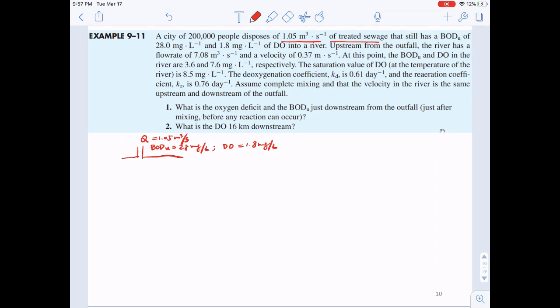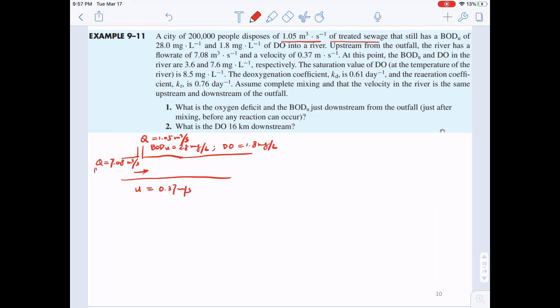Then we also have the condition for the river water. The river water has a flow rate of 7.08 meter cube per second, and the velocity, so you should notice that this velocity u here should be a constant no matter whether it mixes with the wastewater or not. Okay, so the u is 0.37 meter per second.